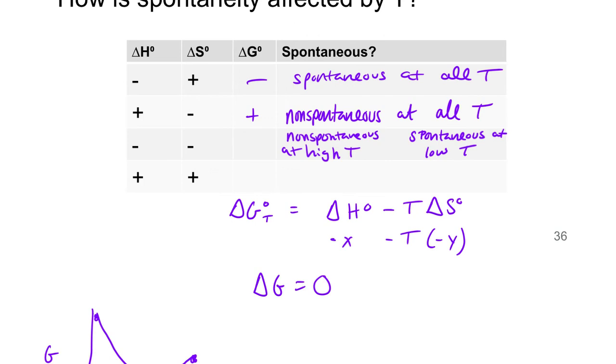Okay, let's go back to that plot, right? What's true when delta G is 0? We're at equilibrium. Okay? A reaction is at equilibrium. Is it spontaneous? No.